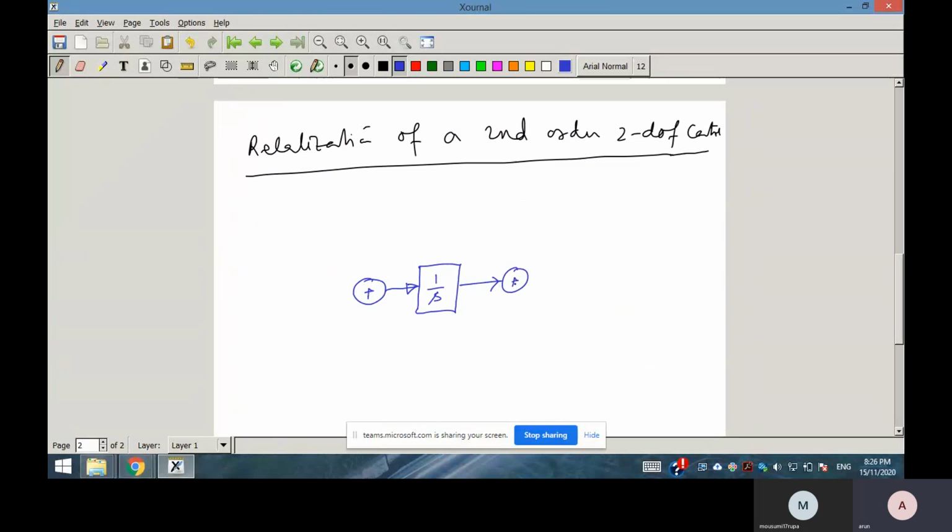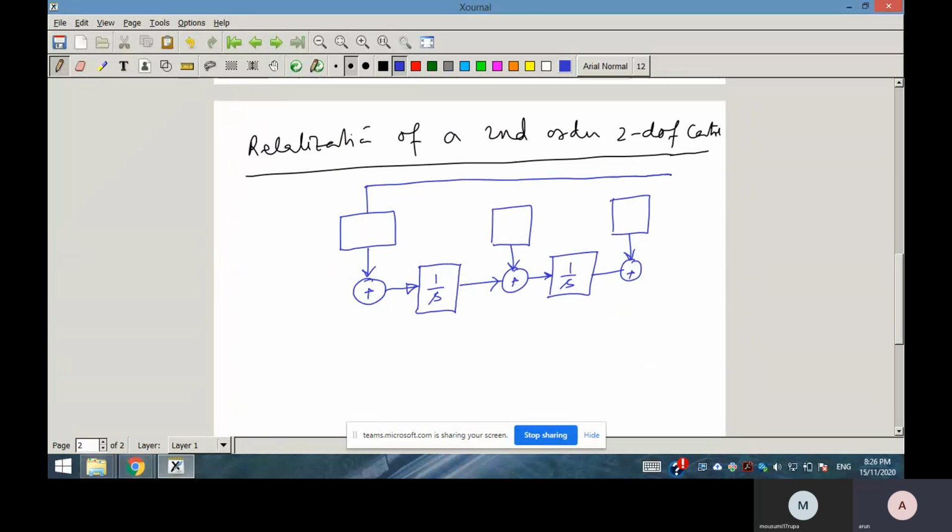As it is a second order, two integrators are needed. So I am drawing two integrators, and then these blocks. Suppose this is minus h0, minus h1, minus h2, and this is y plus eta.